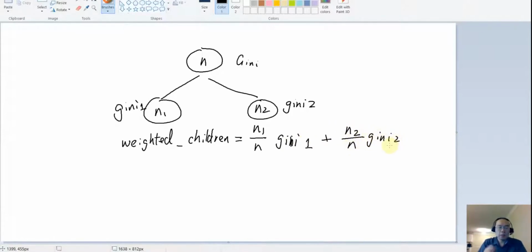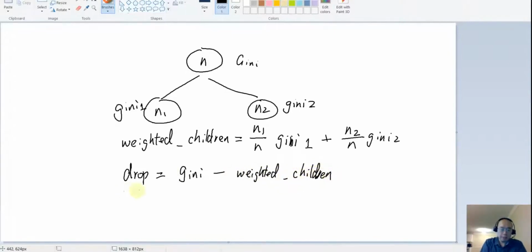Okay, so that is the weighted Gini of the children, and then the drop will be the Gini of the parent minus the weighted Gini of the children. So that is the drop, and this is what we are measuring.